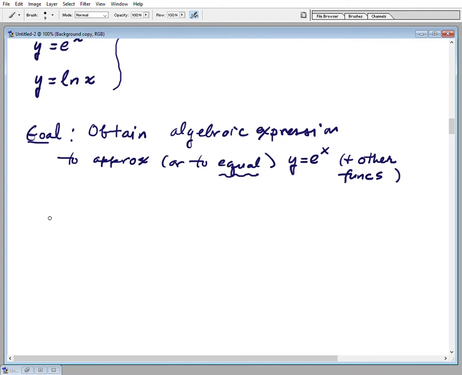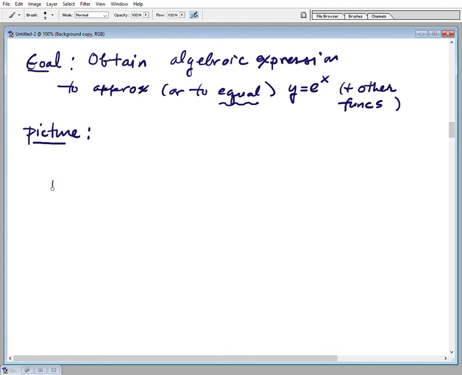All right, so here's our first picture. So let's look at this picture. So we have, let's say, a function y equals f of x. Okay, I'm just going to draw a generic function. Let's say this is f of x, and we want some sort of polynomial that approximates f of x.